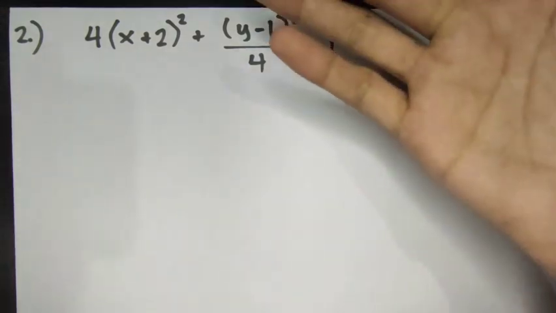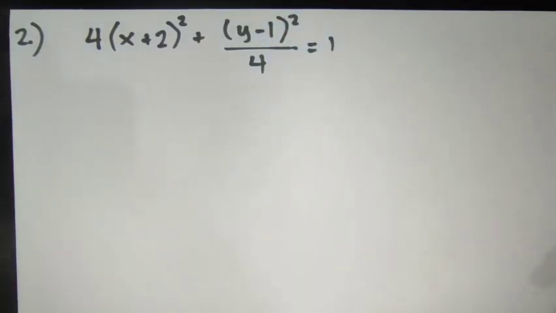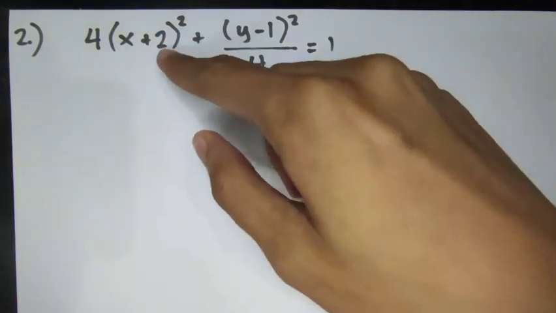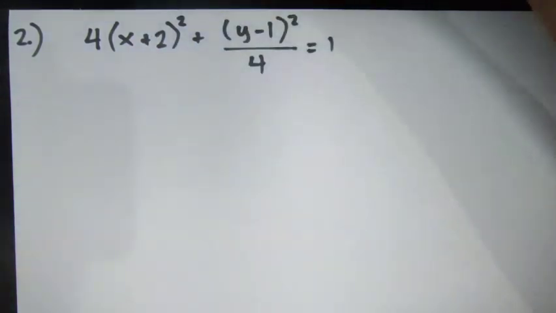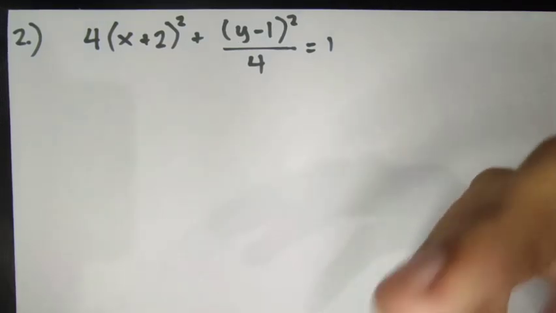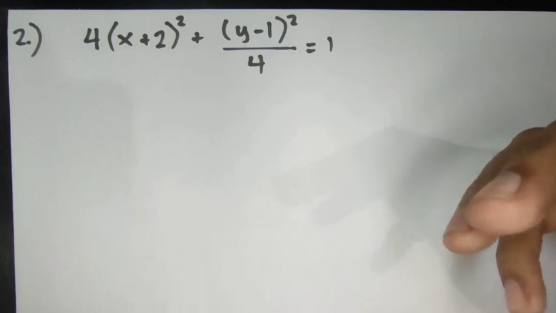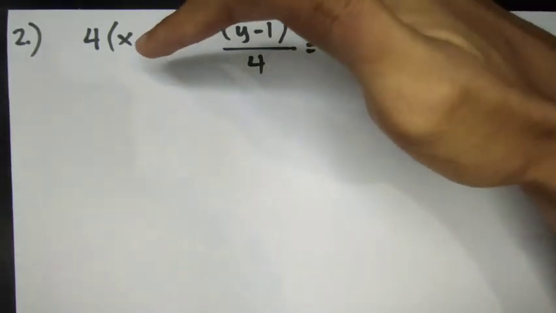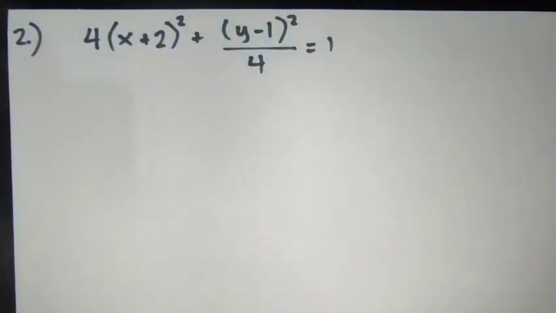Now let's move on to our second problem. 4 multiplied to (x plus 2) quantity squared plus (y minus 1) quantity squared all over 4 equals 1. So what we'll do here is drag this coefficient 4 into the denominator.